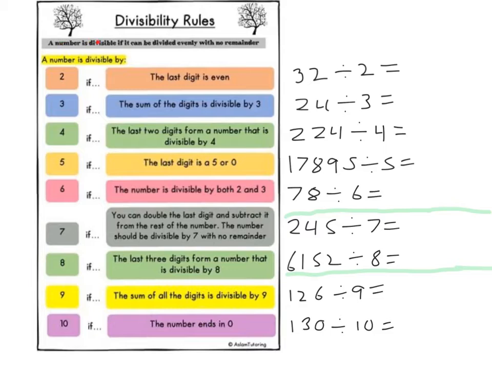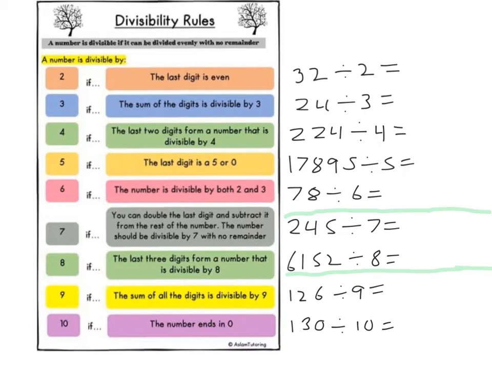So a number is divisible if it can be divided evenly with no remainder. For example, 18 divided by 6 equals 3. If we did 15 divided by 6, we could only say it's 2 with a remainder of 3. We want no remainder.